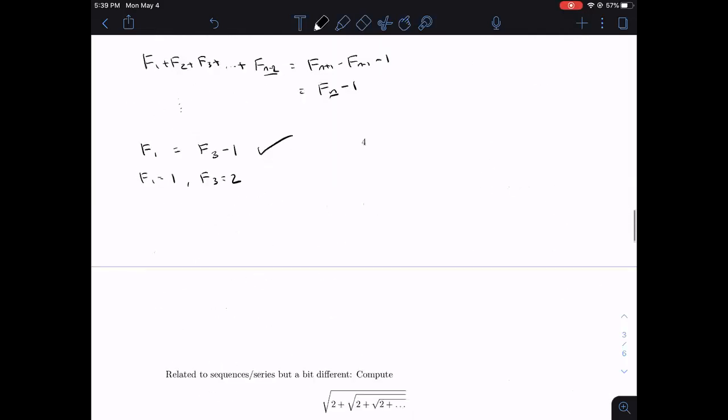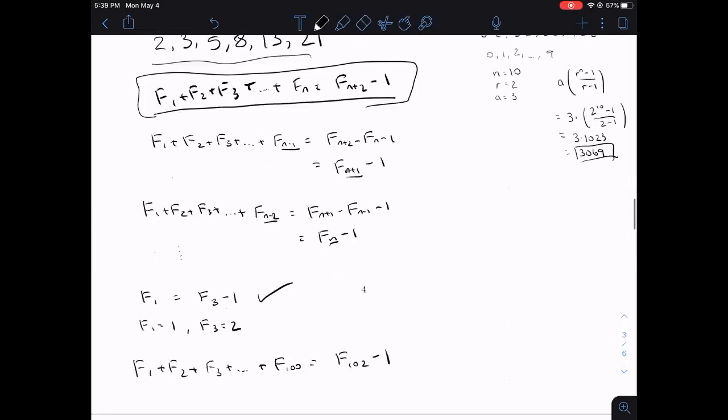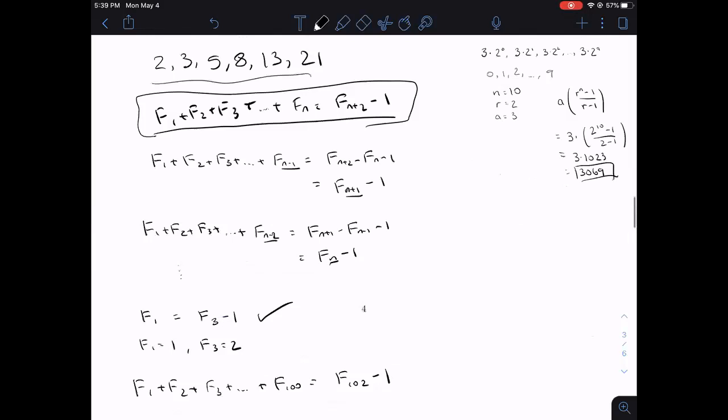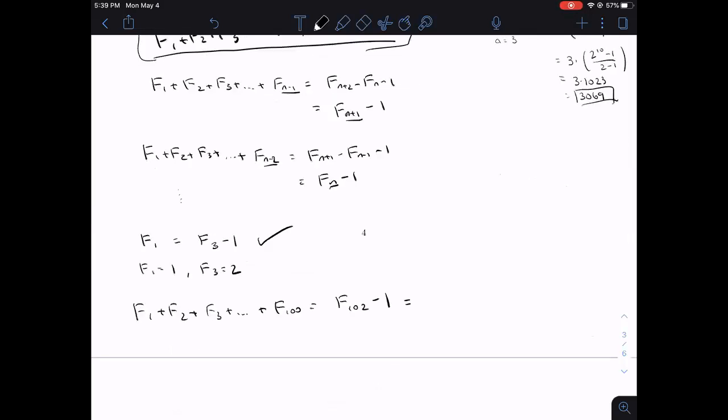So we can write F1 plus F2 plus F3 and so on, it's equal to F102 minus 1. And we want to write it in terms of F100 and F101. So what we have to do is use the definition.